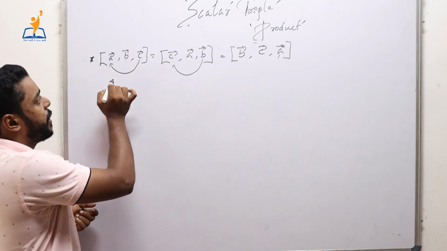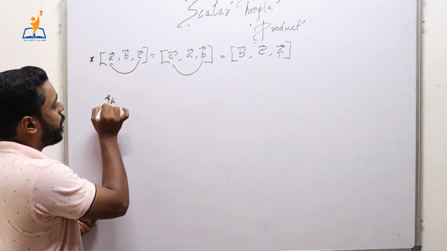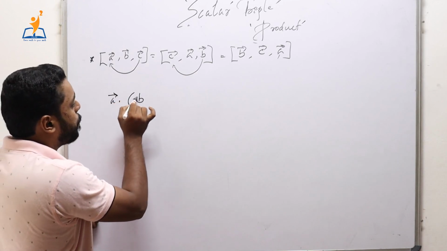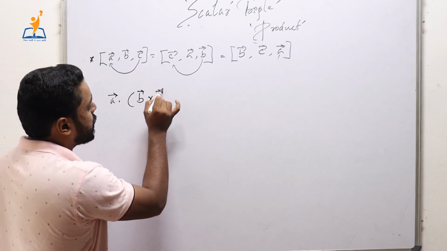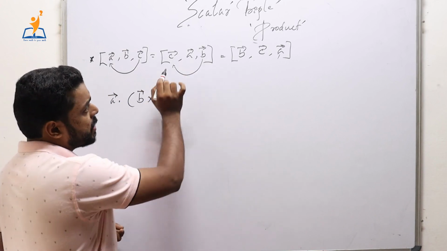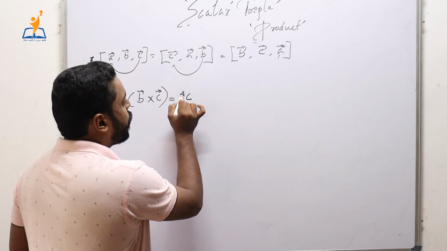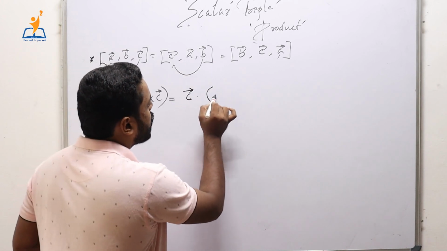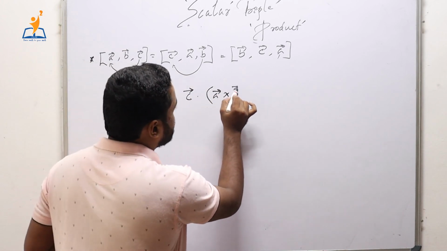We know by definition this box product is nothing but vector A dot B cross C, right? It is equal to this scalar triple product, which is nothing but vector C dot A cross B, right?